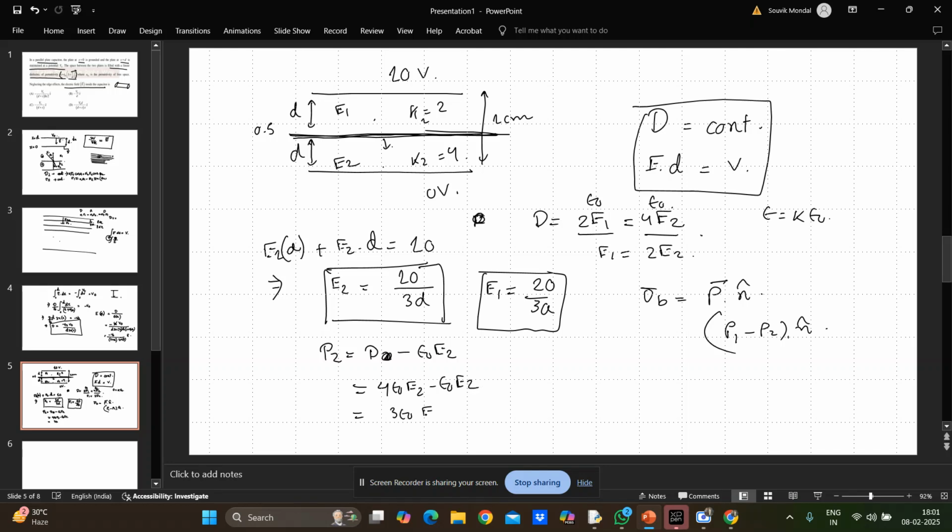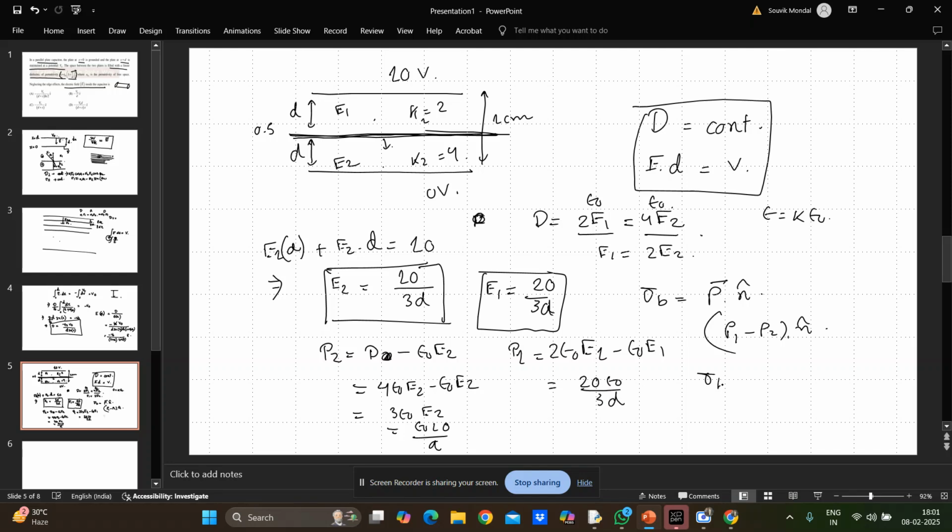And E2 is equal to 10 by 3d, so epsilon naught 10 by d. And what is your P1? P1 is 2 epsilon naught E1 minus epsilon naught E1, that is epsilon naught E1, that is 20 epsilon naught by 3d.